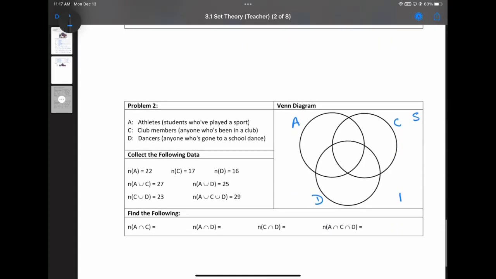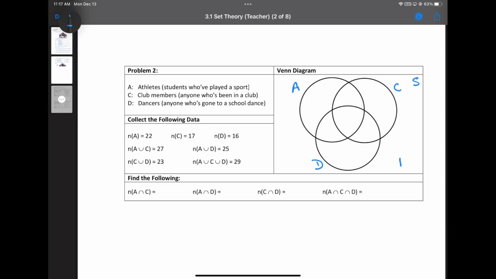This one, we're not given intersections, we're given a bunch of unions. And the first thing that we found was that little 1 in the lower corner. So I'm going to give you some time to think about how you might approach this problem. And I will say that most students do struggle with it, so don't feel too bad if you were one of those students.